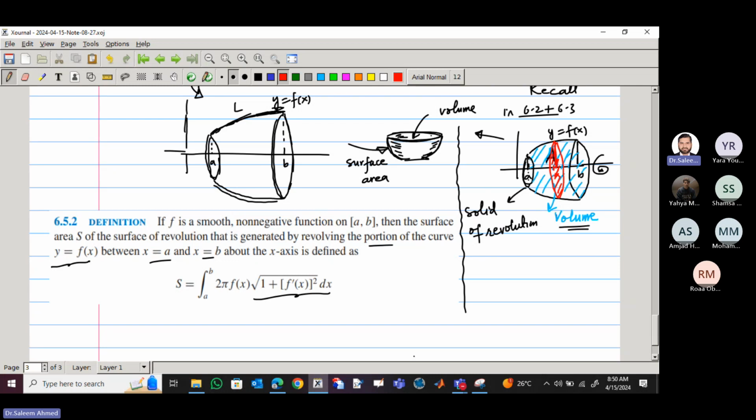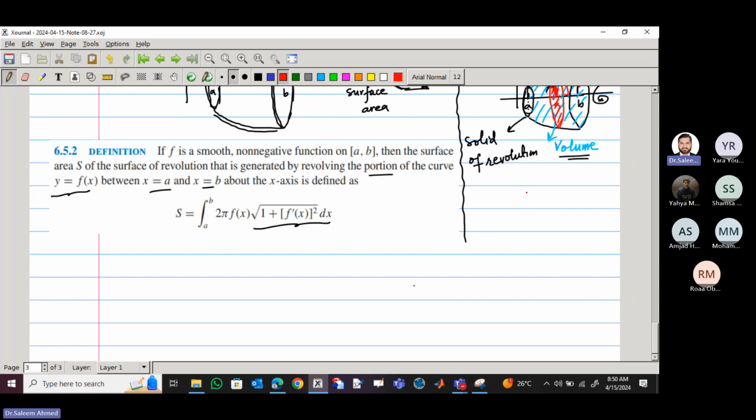What is the radius? The radius is f(x). So at any point x, pi f(x) squared is the area of the circle. And this is not only one x. x starts from a and goes to b, so I integrate from a to b dx. So this was the formula for the volume.